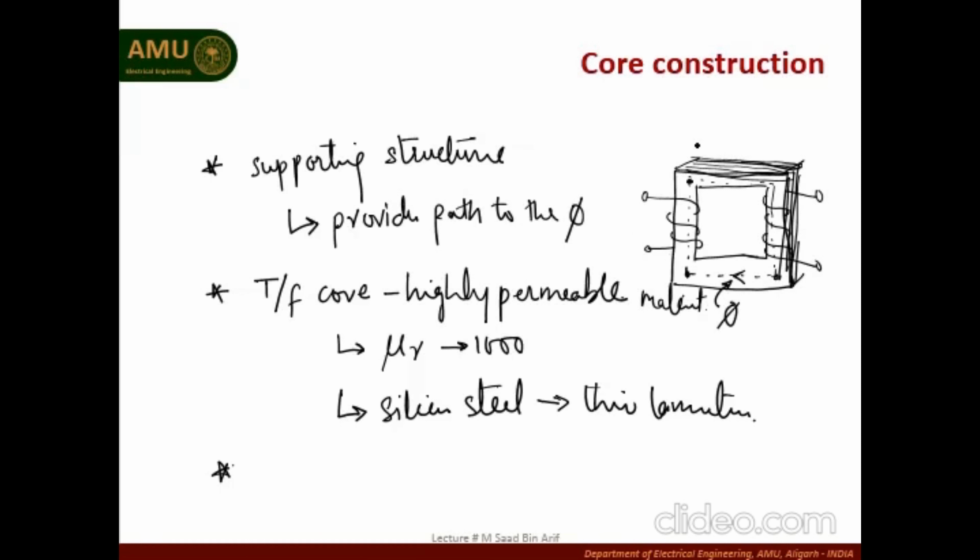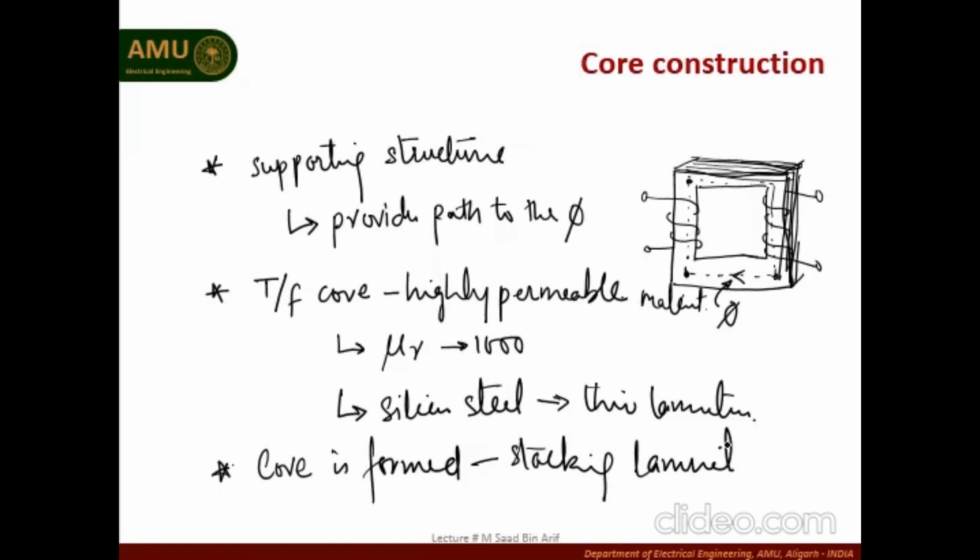You will study later that the core losses constitute eddy current loss and hysteresis loss, and you will see that due to the lamination the eddy current loss reduces, therefore the core losses also reduce. So you can write: the core is formed by stacking the laminated sheets together.